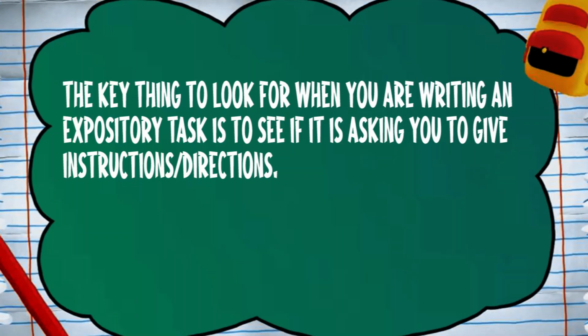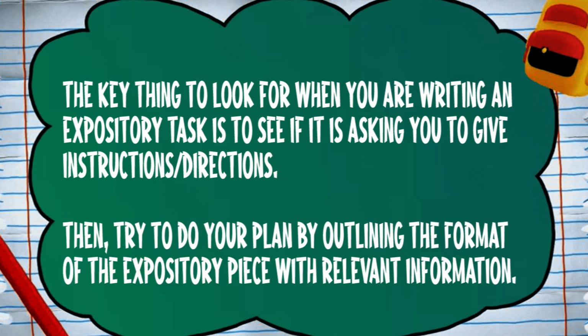So you have to be careful when you are giving these instructions. Now, the key thing to look for when you are addressing an expository task is to see if it is asking you to give instructions or directions. Then try to do your plan by outlining the format of the expository piece with the relevant information.